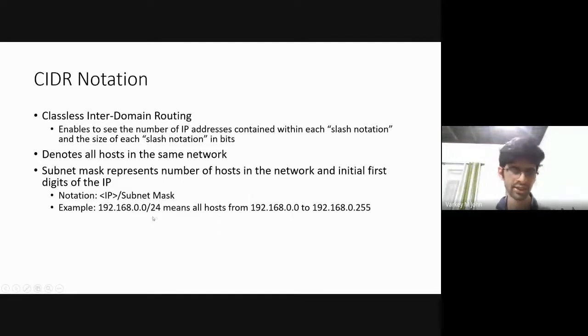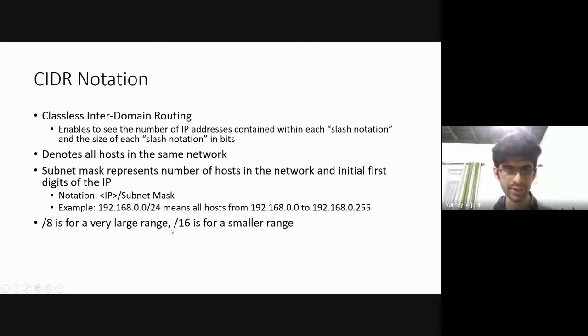So there are multiple classes of networks. There's something called class A network, class B network, class C network, class D network. Class A is a very large network, and class B and class C are smaller networks. In companies, they'll have large networks and small networks like that.